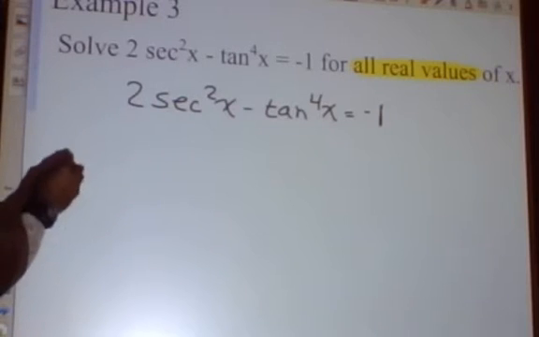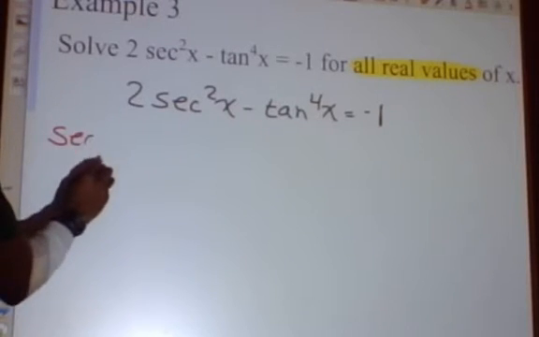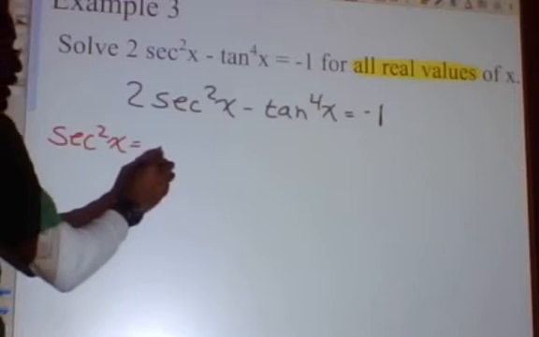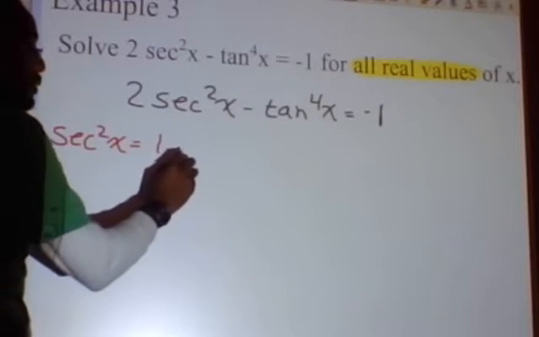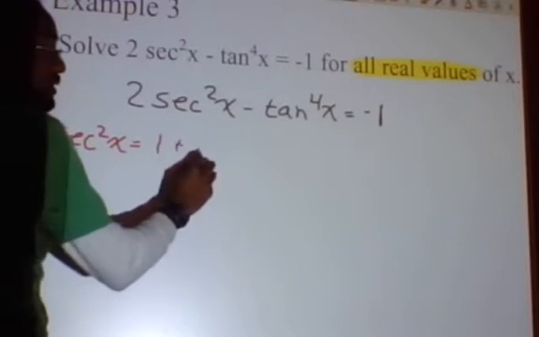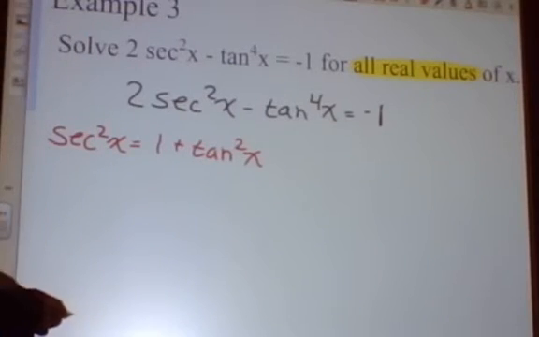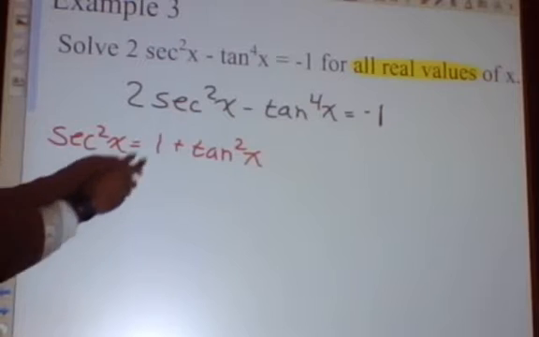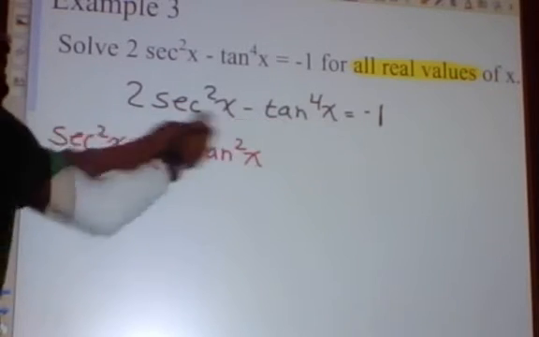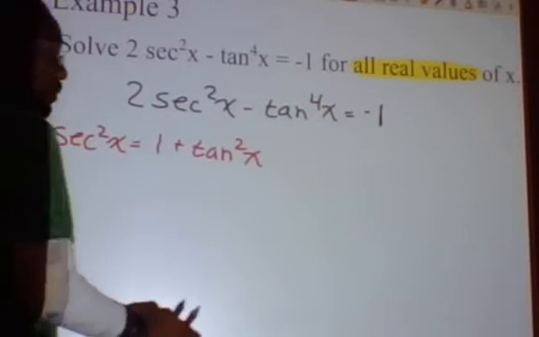So if you remember back from our Pythagorean identities, we know that secant squared x is equal to 1 plus tan squared x. So if that is true, that means we can substitute in here and then get all the tangents and then work it out from there. So that's what we're going to do.